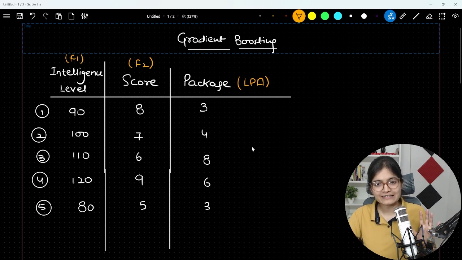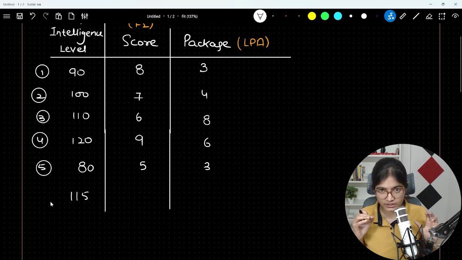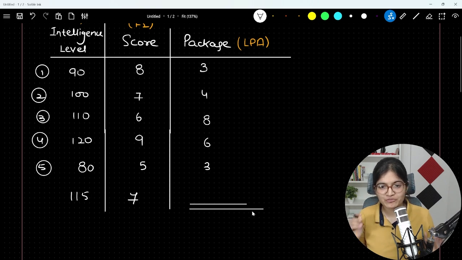Now you can clearly see what we want at the end of the day. Let's suppose I have a problem statement where I ask: a new employee coming into the company has an intelligence level of 115, and after seeing their six months of performance, the manager gives a score of, say, 7. What is the expected salary or package? Maybe we want to give an increment, so suppose they have some salary where they started.